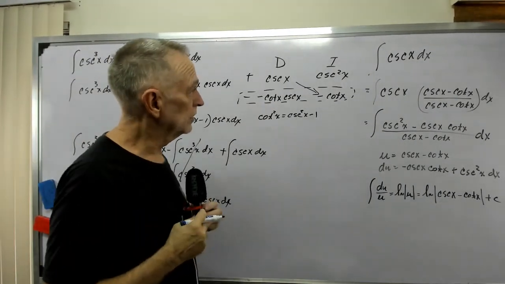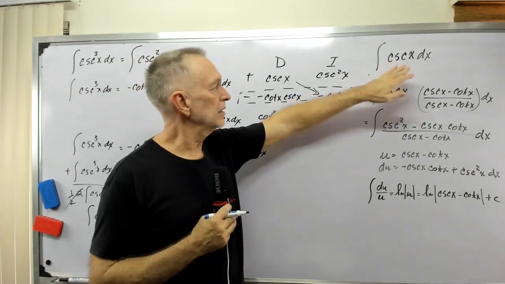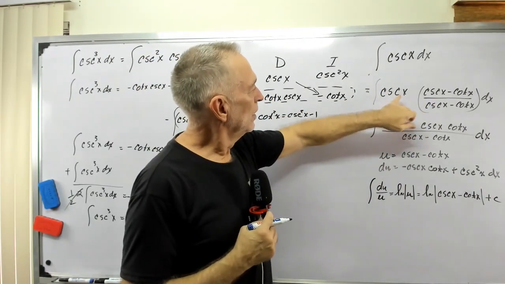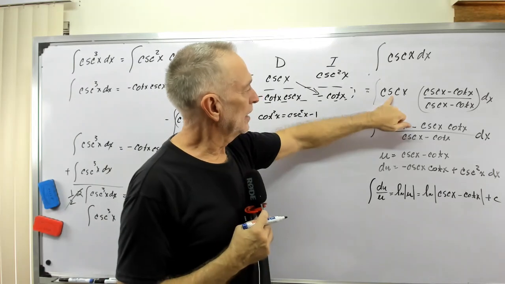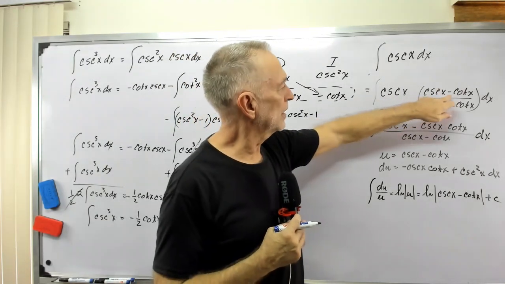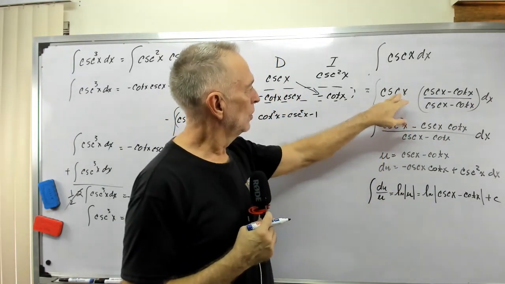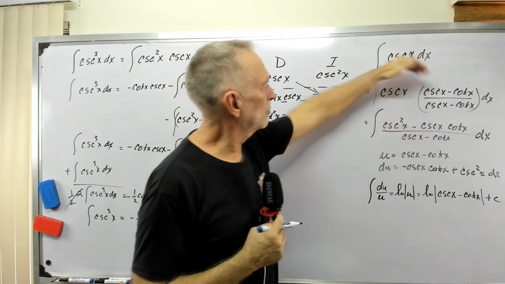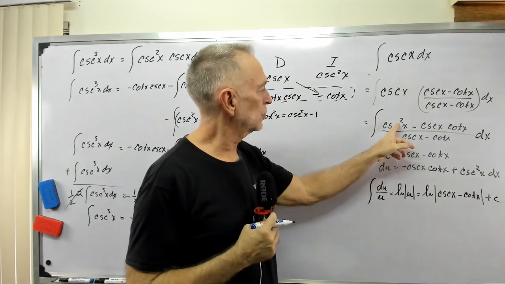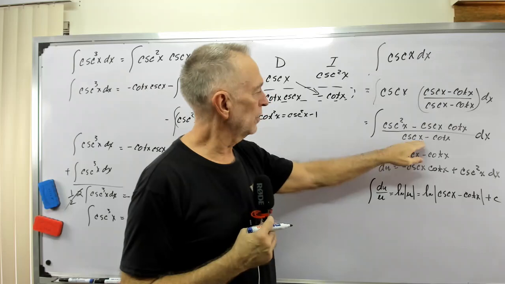You'll notice this is very similar to the integral of secant x. Same concept. If I want to transpose this, get it into something I can work with, I'll multiply this cosecant x by cosecant x minus cotangent x. And the logic for that is, once you go through and distribute that to the inside, you end up with cosecant squared x minus cosecant x cotangent x over this.